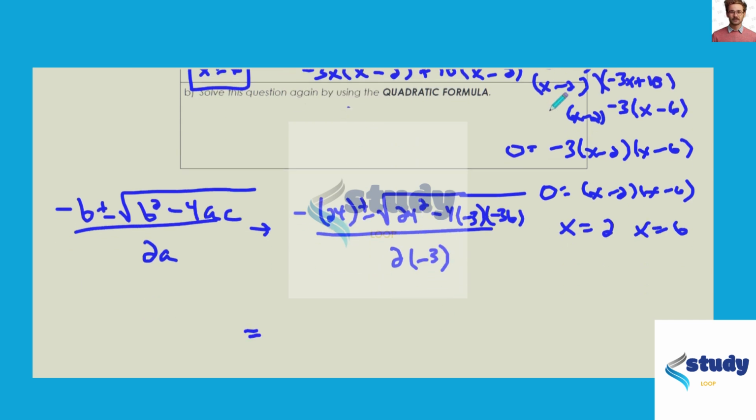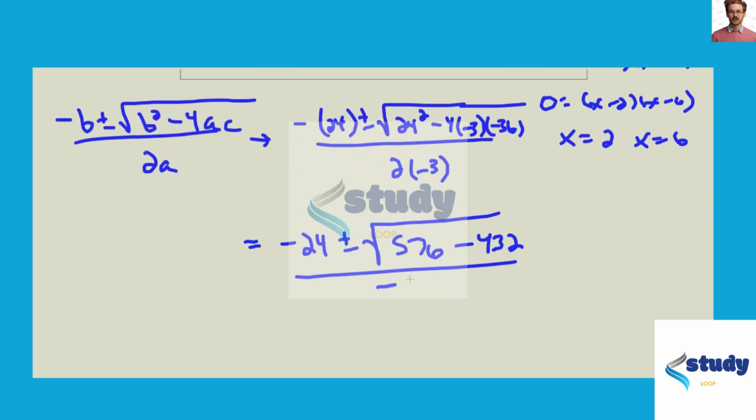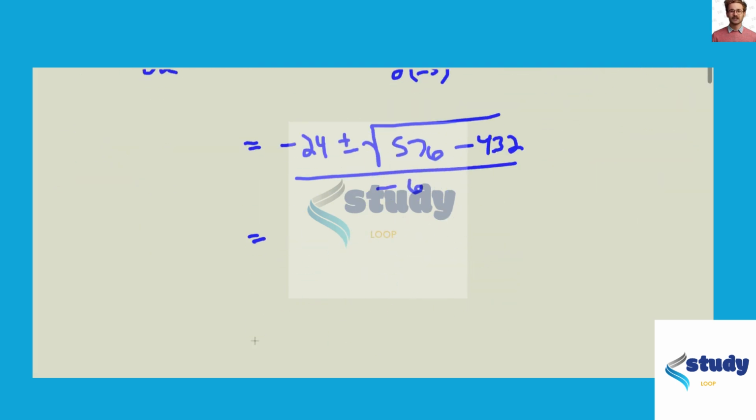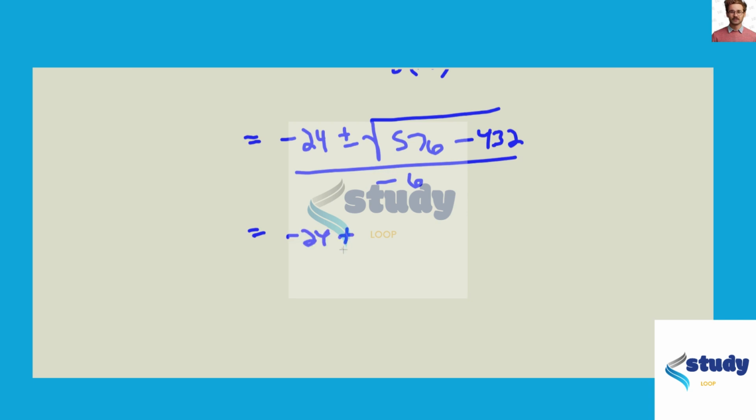So this would be negative 24 plus or minus the square root of 24 squared is 576 minus 4 times 3 times 36 is 432, all over negative 6. Okay, then that's negative 24 plus or minus the square root of 576 minus 432 is 144.